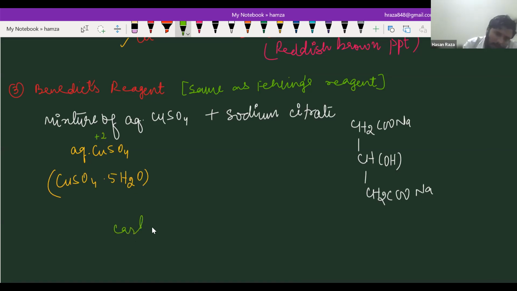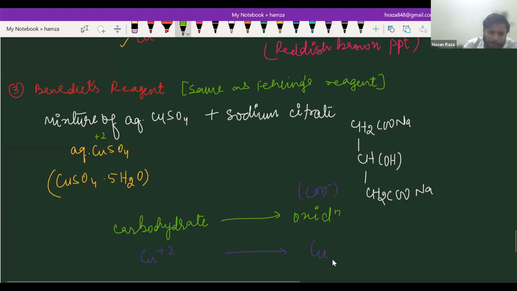This is very easy. Carbohydrate will be oxidized, converted into COO minus, and Cu+2 will be reduced to Cu and show a reddish brown precipitate.